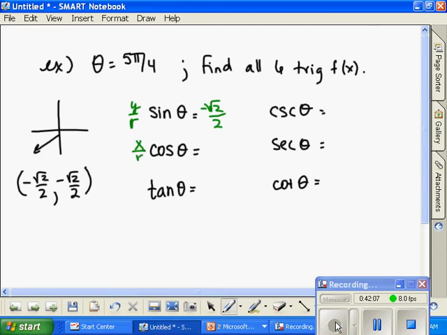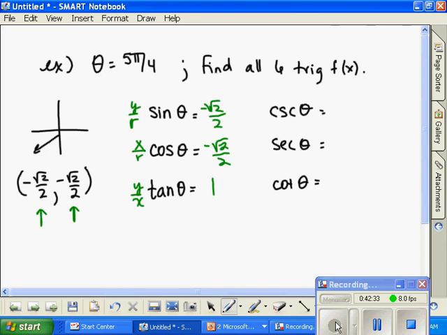We're on the unit circle, so r is 1. So what's my x? It's negative square root 2 over 2. Now what about tangent? What's the definition of tangent? It is y over x. So if I put my y over my x, I have the same fraction over itself. What do I get? 1. It's going to cancel to a 1. How many of you got 1? Raise your hand. Third block, I can't see you, but I'm hoping you're raising your hands.